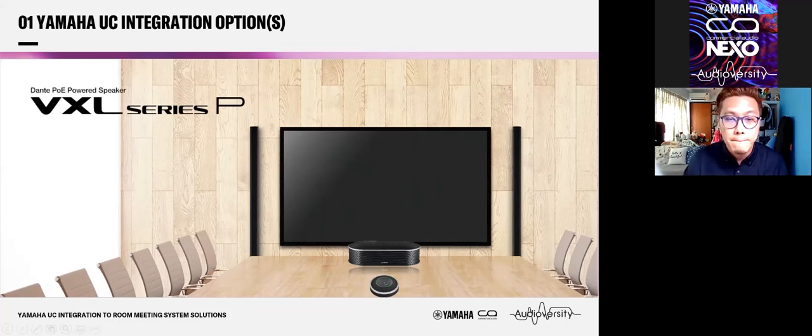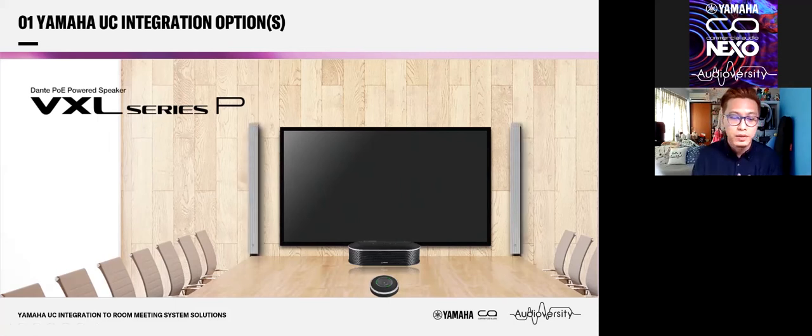Other than that, some offices prefer white speakers. We have the non-PoE version, which is called the VXL series. So this is how it looks. It comes in 3 models, in fact: VXL 1-8, 1-16, and 1-24. What do the 8, 16, and 24 mean?